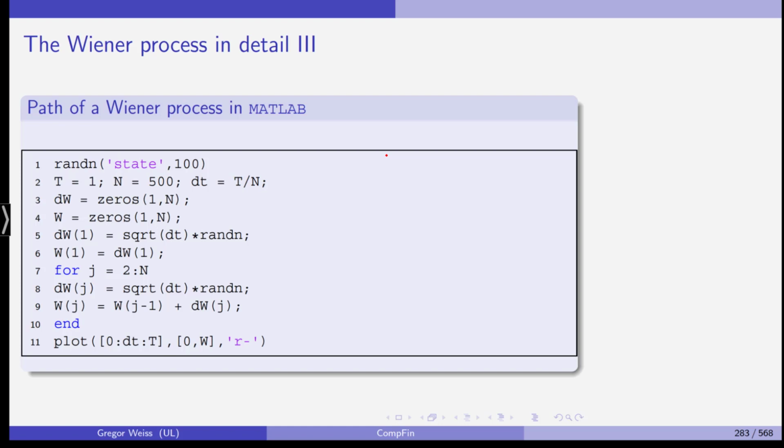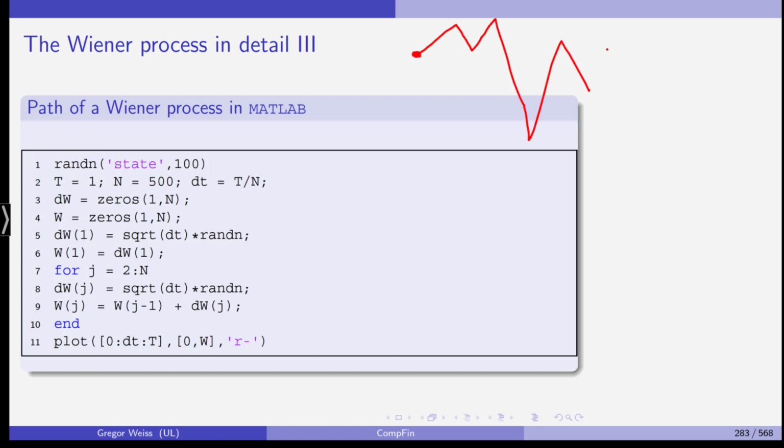So what these computers do is they use pseudo-random number generators. These numbers appear to be random, but only at first sight. They always have the same starting point. So you can use this starting point here, and then you get random numbers.